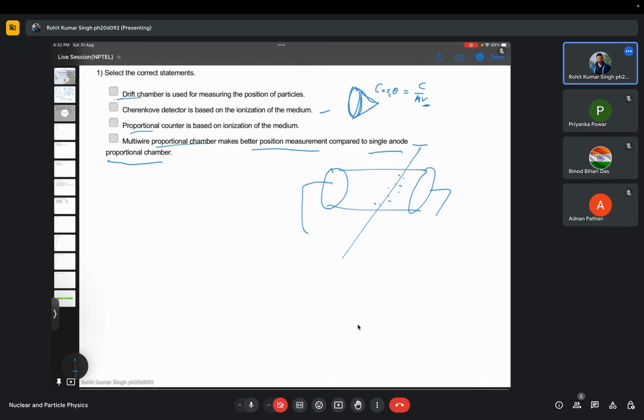It is the particle that is radiating, not the medium. It happens because of the medium, because unless you have a medium, you cannot travel faster than the speed of light. But it is the charged particle which is giving out the radiation.